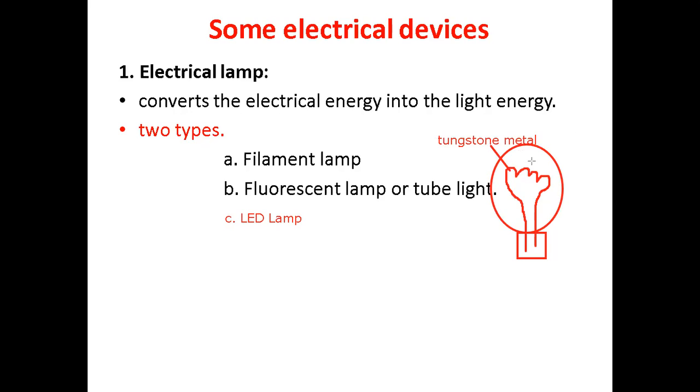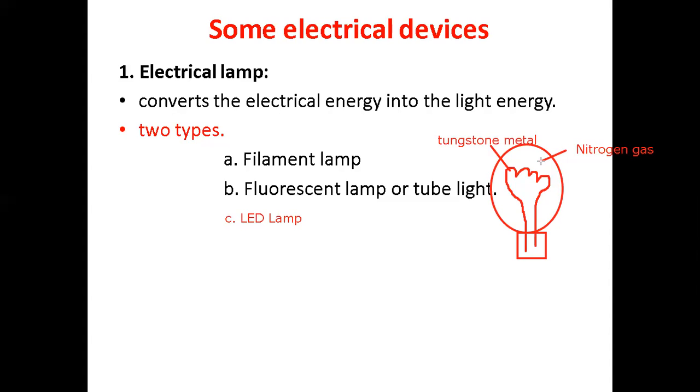And the gas inside the bulb is nitrogen gas. Nitrogen gas is filled inside the bulb. The gas is nitrogen, and the metal wire is made of tungsten metal. In this way, a filament lamp is made.